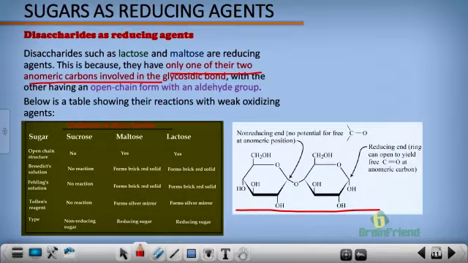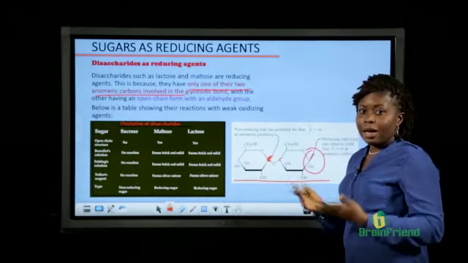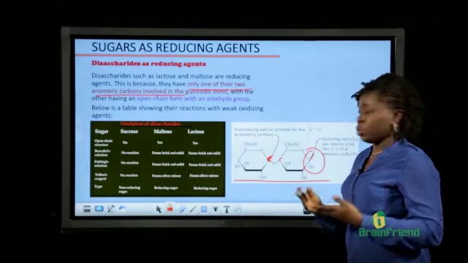Now, looking at this disaccharide, you can see that in this linkage, the 2 carbon atoms have been used up to form what we call a glycosidic bond, all right? So at this end, reduction cannot occur. But there is a free end here. And because of this free end, such a disaccharide can actually act as what? A reducing sugar.